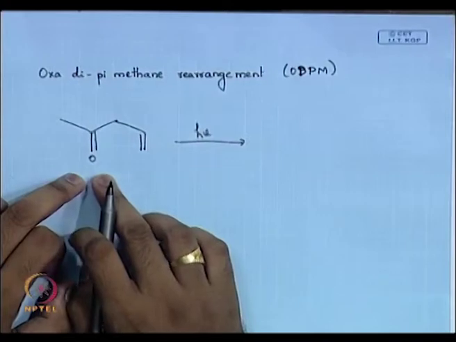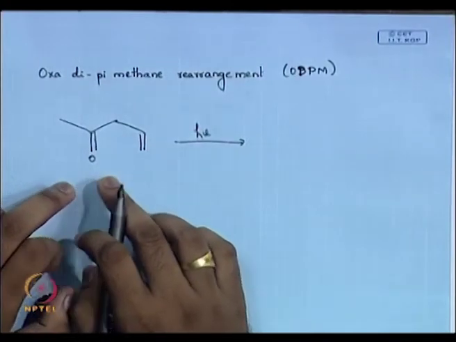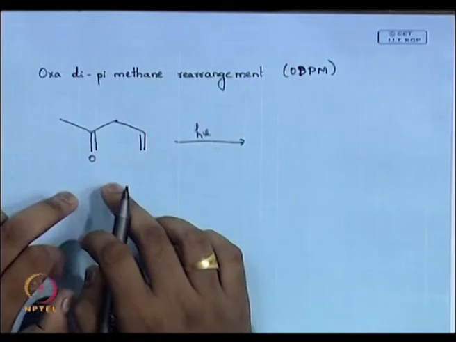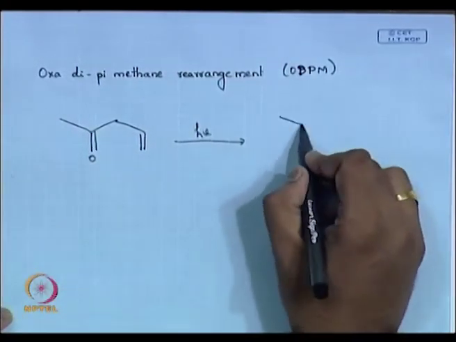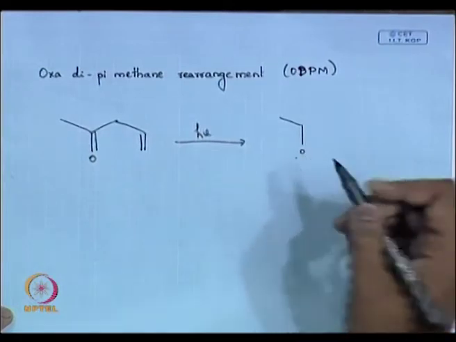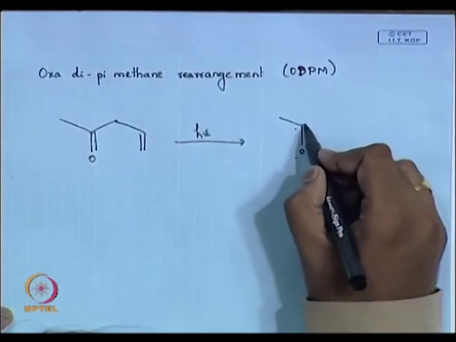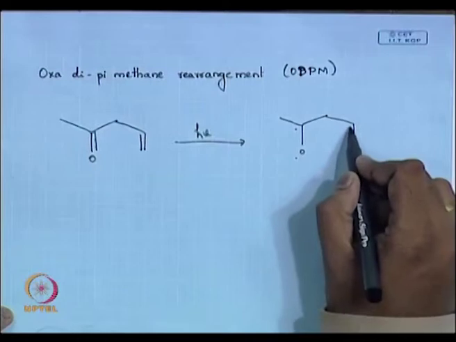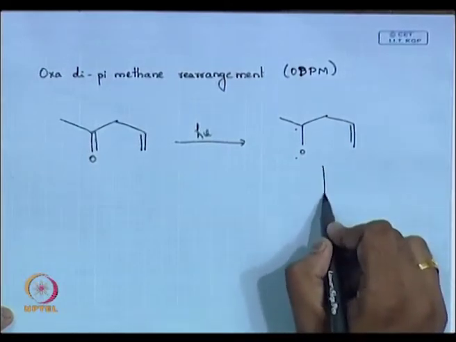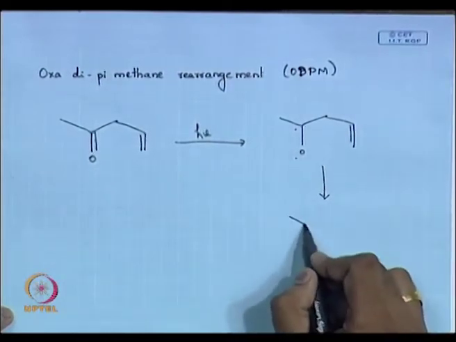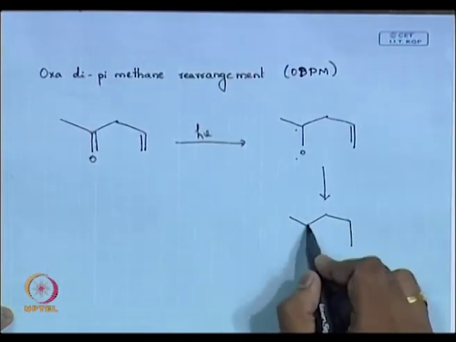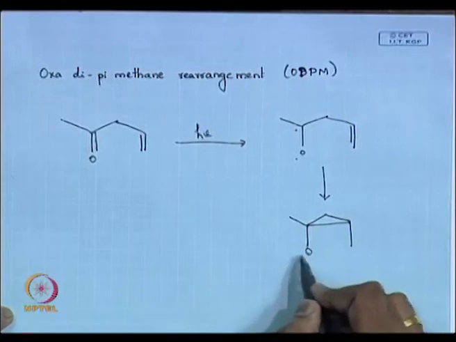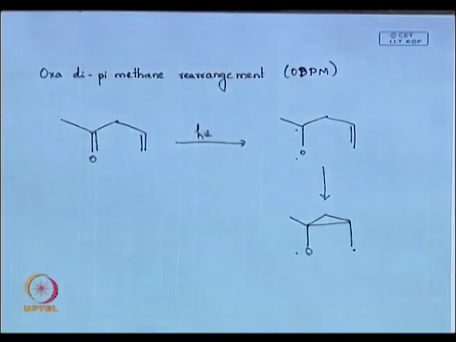You can go to the singlet, then intersystem crossing to the triplet. Then I can get my radical chemistry. So, I get this.